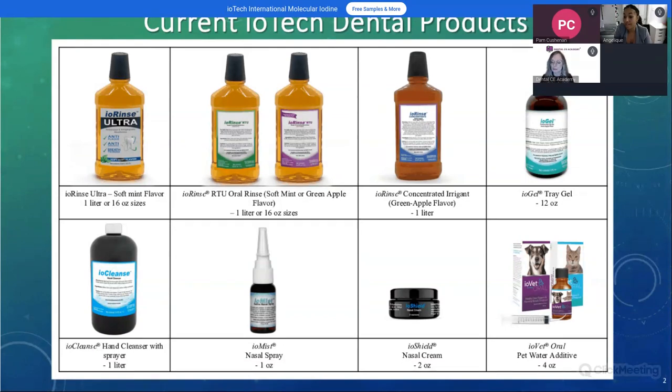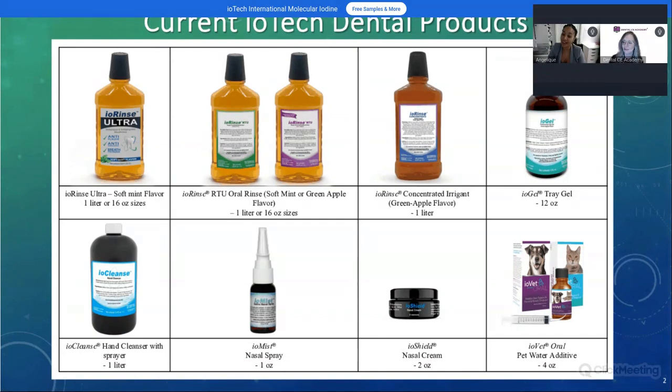Last up, we have our first pet product. So as discussed with Dr. Rowling and Pam, with kissing your dogs, we want our pets to have a nice clean mouth as well, and also fresh breath and healthy gums and teeth. So ioVet Oral is our first pet product. It is a pet water additive.